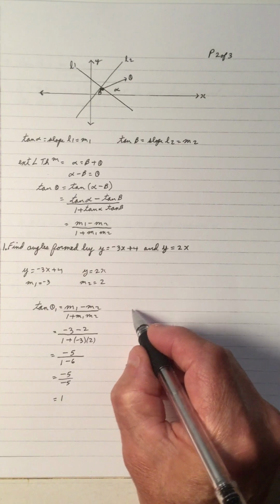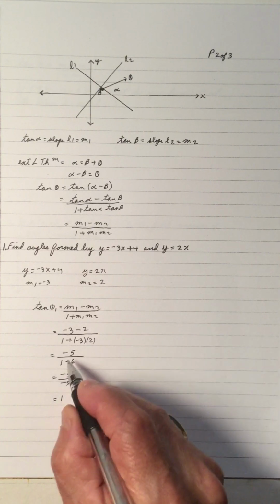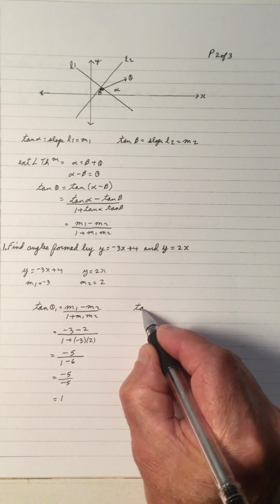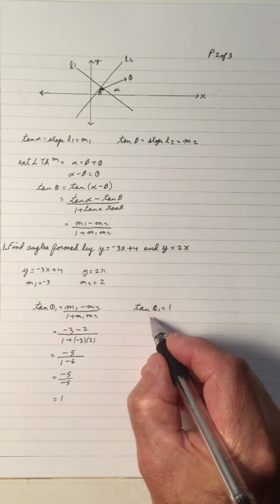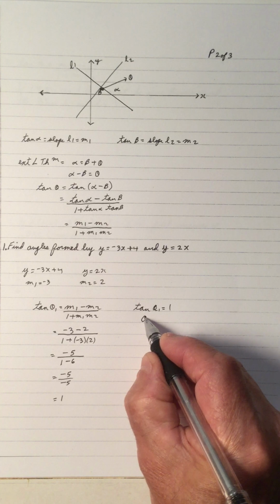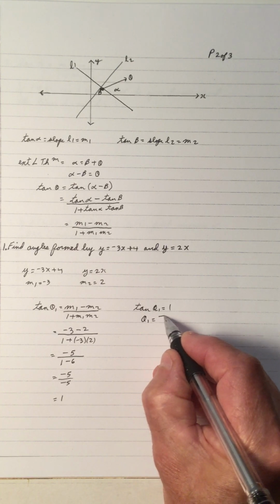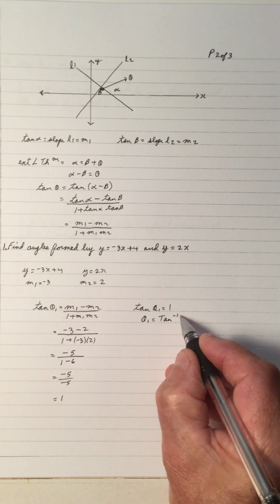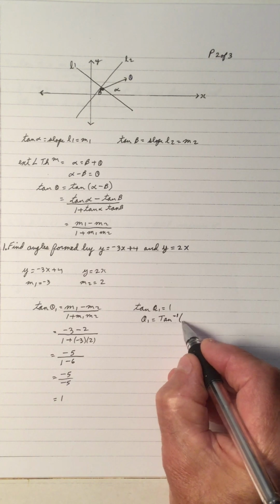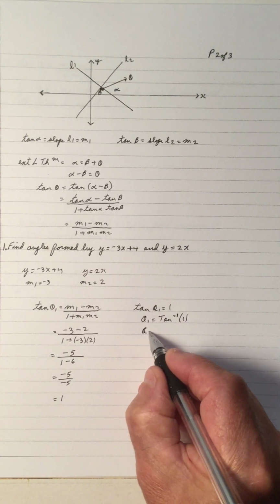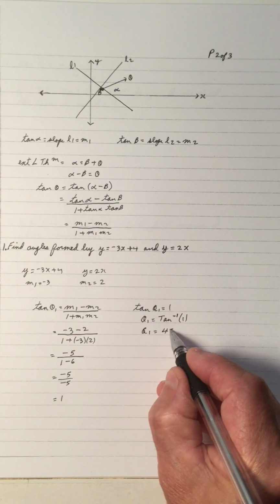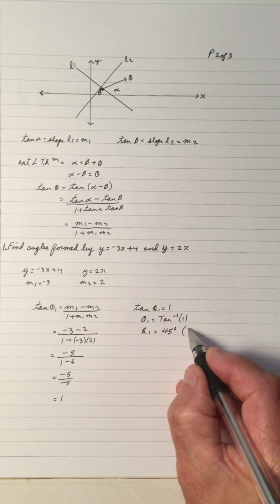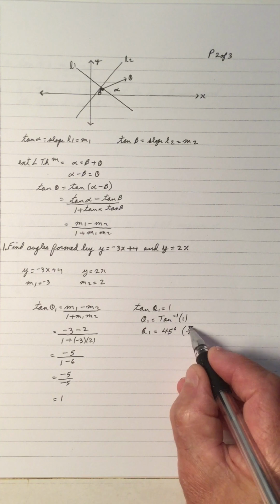So the tan of theta 1 is 1. That means theta 1 is tan to the negative 1, the inverse of 1, and if you work that out on your calculator, you will get 45 degrees, or pi over 4.